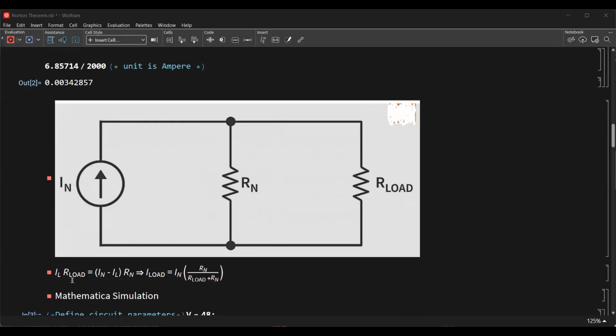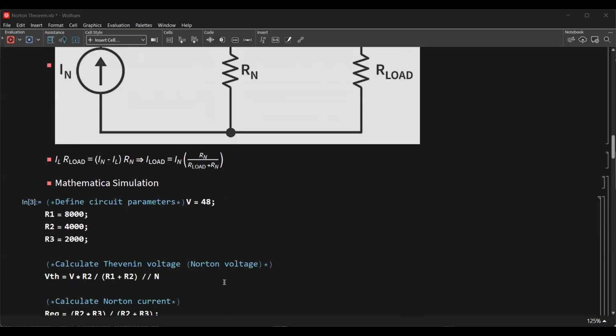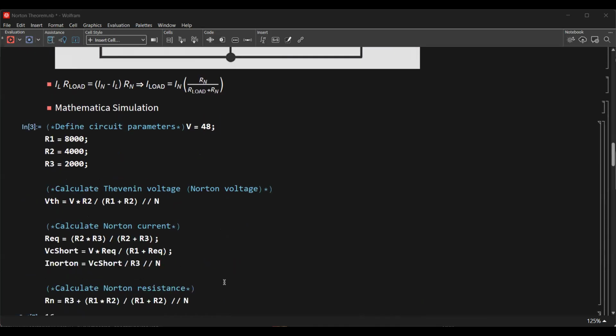So IL times RLoad is equal to (IN minus IL) times RN. It means that the current through the load is IN times RN over the sum of RLoad and RN. Now, by Mathematica simulation, we have the equivalent resistance of R1, R2, and R3.